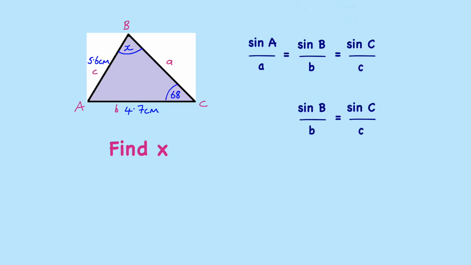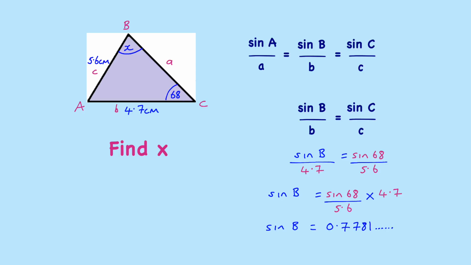So let's go ahead and substitute in our values, and we're trying to find sine B, so we will bring the 4.7 up and times it by sine 68 over 5.6 using cross multiplication. Then we input this into our calculator, which gives us 0.7781.